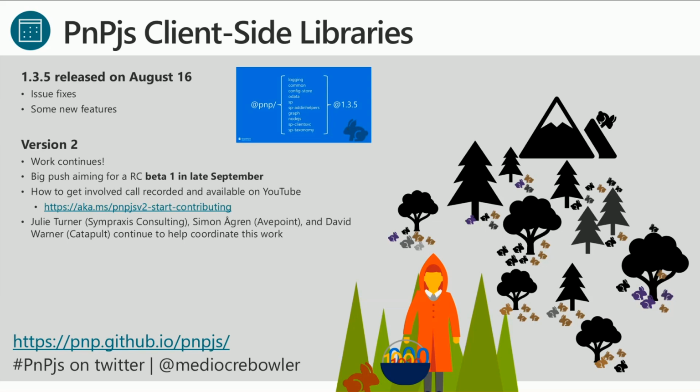And for sure, we need to be really thankful to the community, and especially to Julie, Simon, David, and all the other people who are highly contributing to this project. You can find more information at https://pnp.github.io/pnpjs. And you can eventually tweet about or read tweets related to the PnP JS library, searching for the hashtag PnPJS or following Patrick at Mediocre Bowler on Twitter.